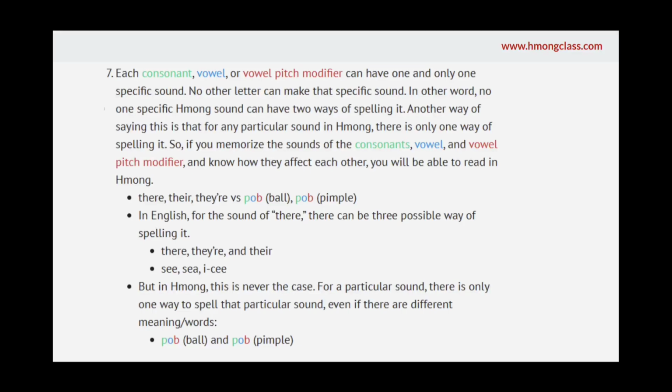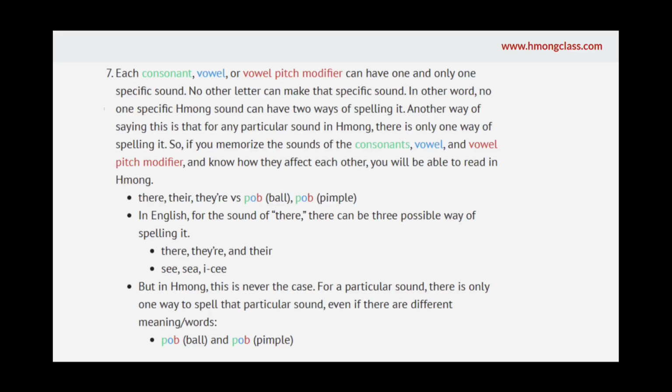So P-O-B, ba, is a word for ball, or it can also mean pimple, but they're both spelled the same way. So in English, the sound of there can have 3 possible ways of spelling it. In Hmong, that isn't an issue. There's only one way to spell one specific sound, okay? Another example would be the word C, and I-C, like an icy from 7-Eleven.